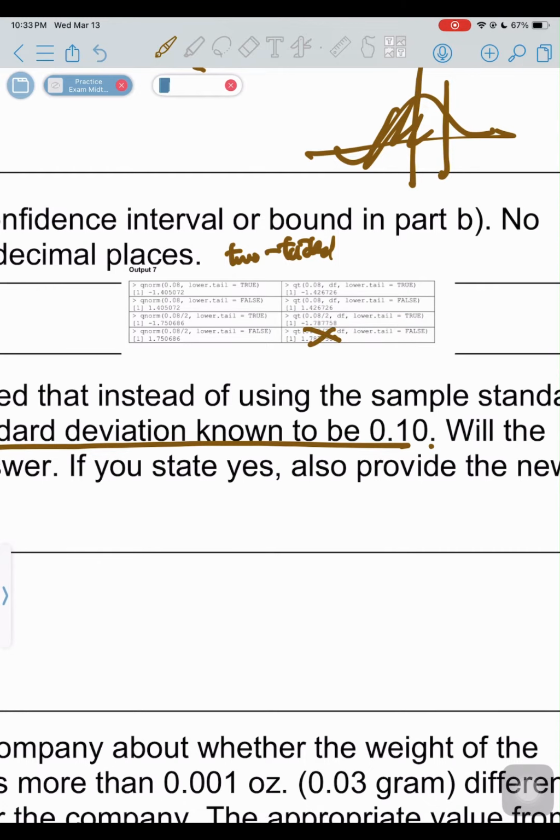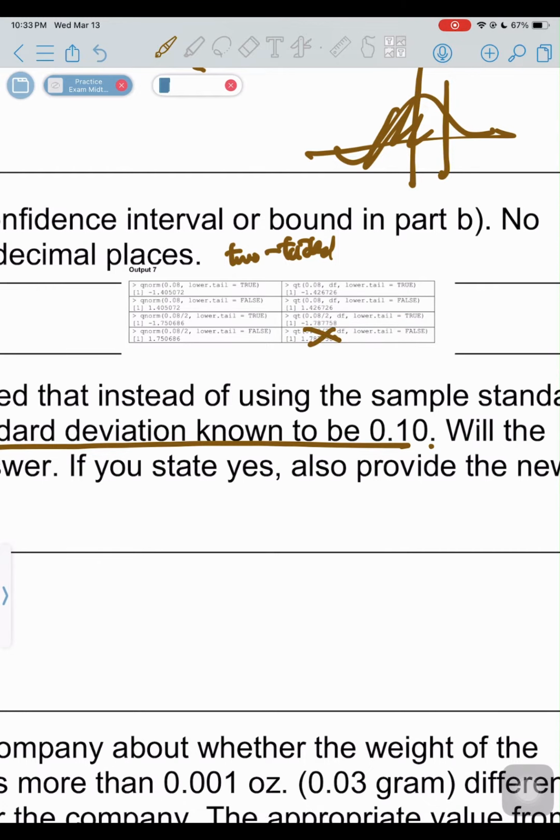But in the Z distribution, you don't have to include your degrees of freedom. That's why you get rid of those. So it's going to be either this or that. But we're interested in lower.tail equals false because we're interested in the left side of the normal curve. So the right option would be 1.750686, the new critical value.